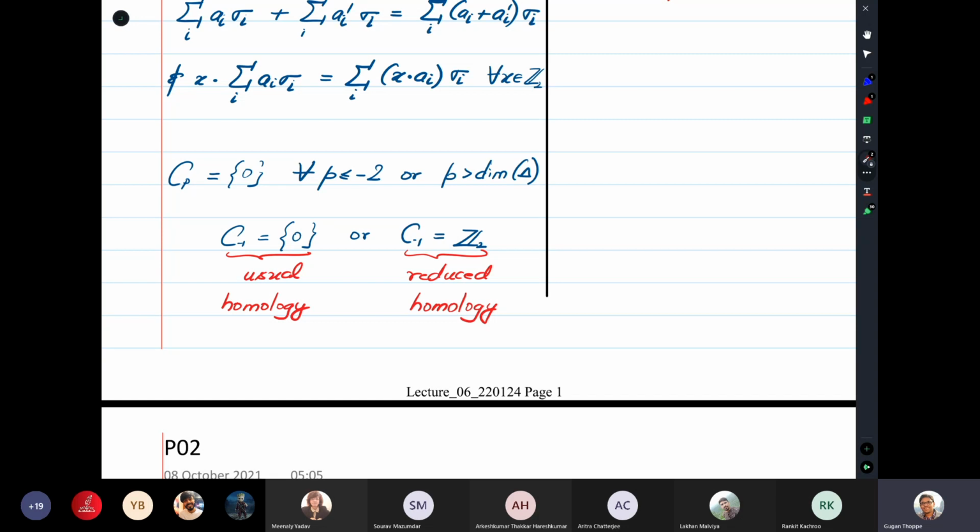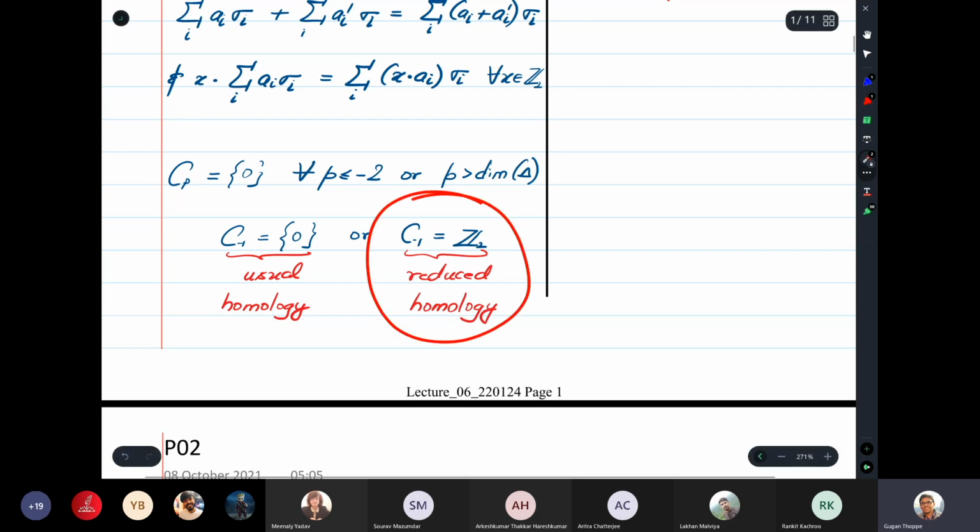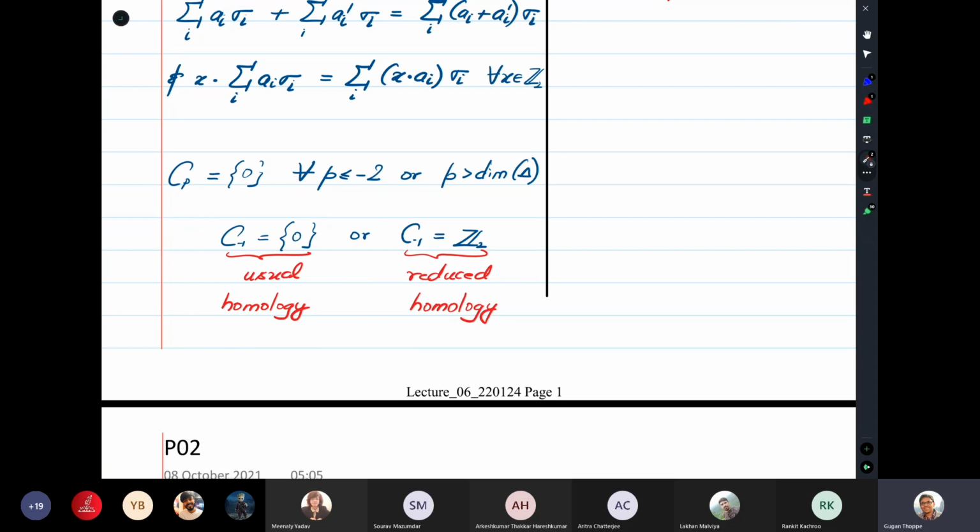So as a student, or as an audience, when you read a paper, you are not able to really appreciate at first glance why someone defined it in this fashion. Currently it is indeed the case that it is unclear why we are working with C_{-1} equals Z2. In fact, it's not even clear why C_{-1} equals 0 makes sense. At this point, it's fine if you don't understand, because I have not really given you the motivation.